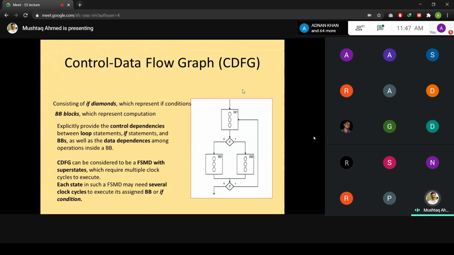Here in BB1, BB2 or BB3, there are three different operations. If the dependency is not there, in that case they can be executed in parallel.